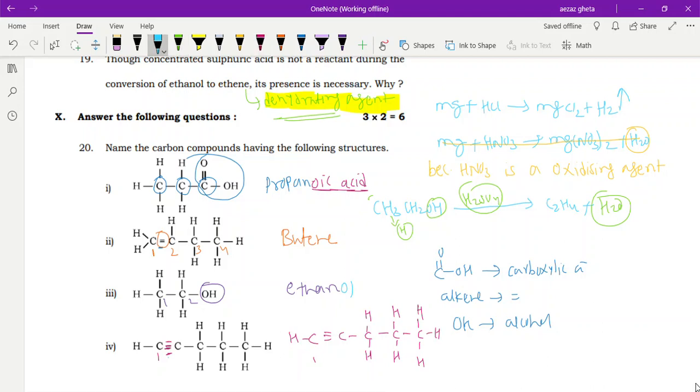So let us count: 1 carbon, 2, 3, 4, 5 carbons. 5 carbons means pentane. But as the E is removed and it is an alkyne, pentyne will come. Pentyne. Understood?